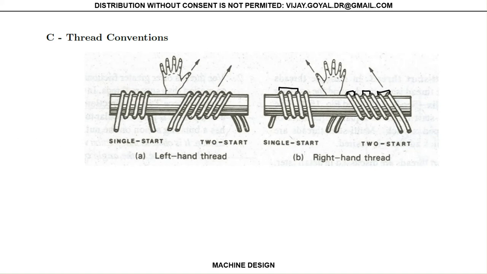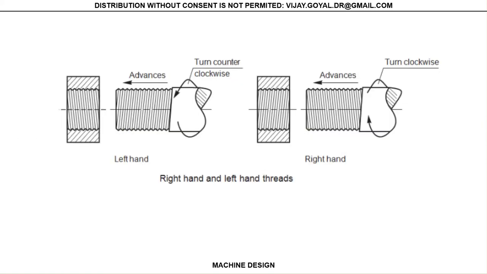Some of the right-hand and left-hand threads look something like this. In this case, if you turn clockwise, here you have to turn it counterclockwise for this to get engaged. This one you turn clockwise to get engaged. Especially in a shaft, sometimes you use that so that you always keep it tight.